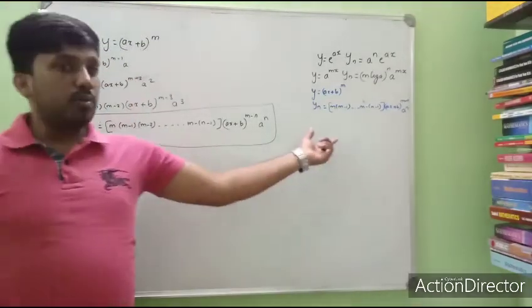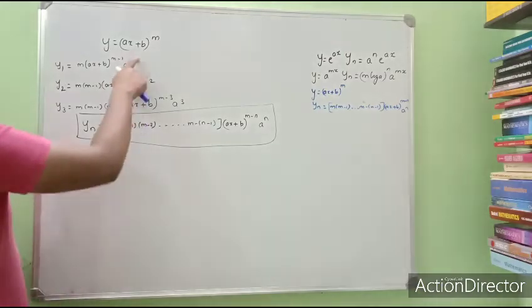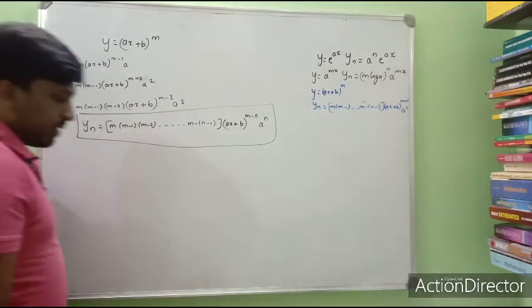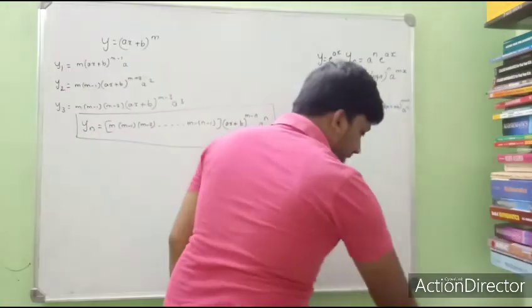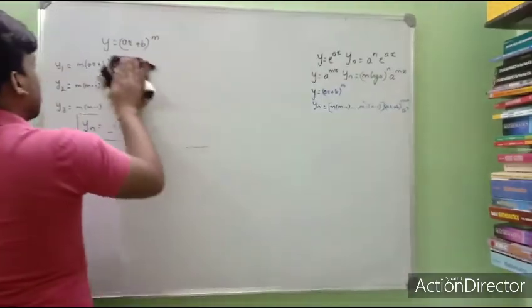Okay, so this is the formula we have, the nth derivative of the function of the form (ax plus b) to the power of m. Let us see the next standard function.